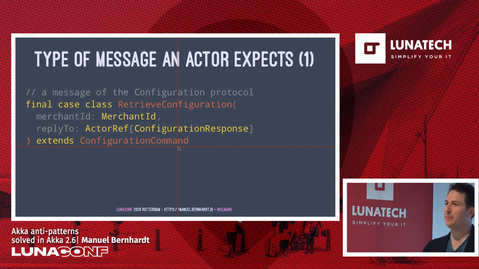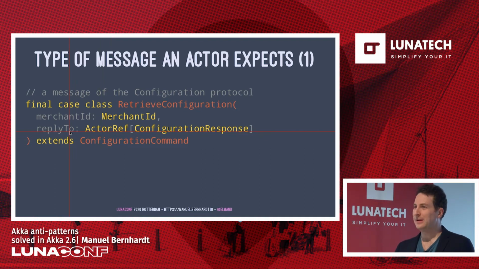And an example of a message with this API would be that I define a message class, for example, RetrieveConfiguration. And that is extending this marker trait that I have here. That's the one thing. The other thing is, that's a big difference if you're used to Akka Classic, I have to tell it if the message needs a reply, and this obviously does.